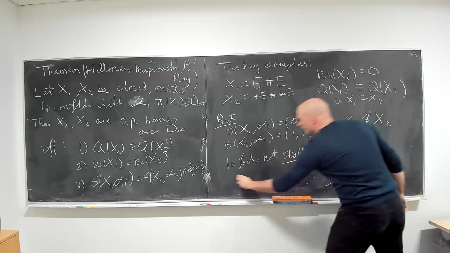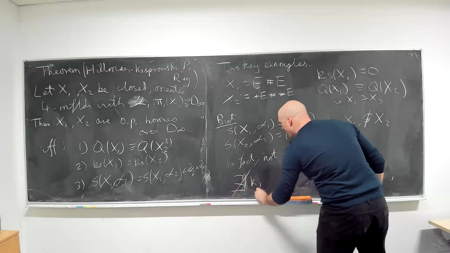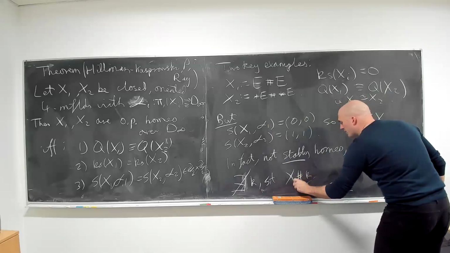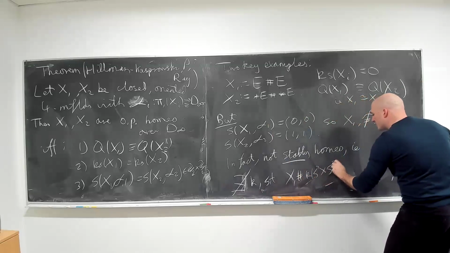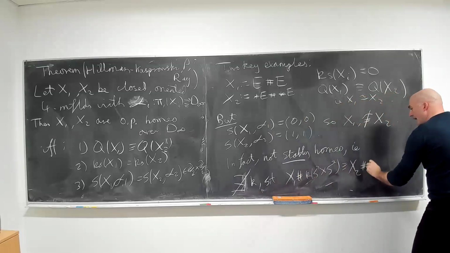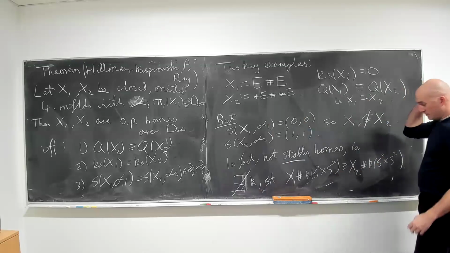Which means that there does not exist a k such that if you take the connect sum of both of them with that many copies of S2 cross S2, you get a homeomorphism. So even after adding S2 cross S2s, there's never going to be one. The question of stable classification of four-manifolds is something that people look at.